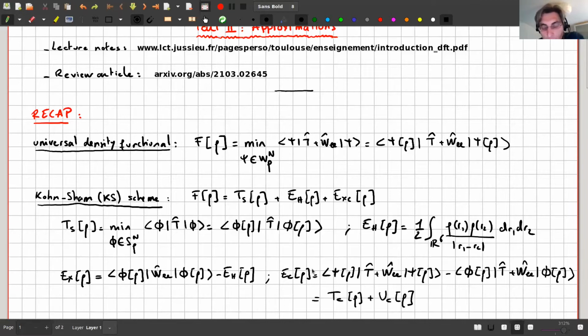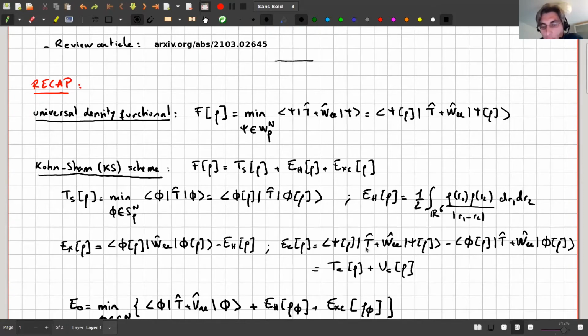An important thing to realize here, that we will use, is that it contains two contributions. The one coming from the kinetic energy, the correlation kinetic energy contribution, T_c. And then the rest, the W_ee, gives a potential correlation contribution that is called U_c of rho.